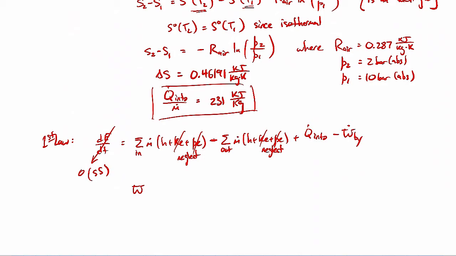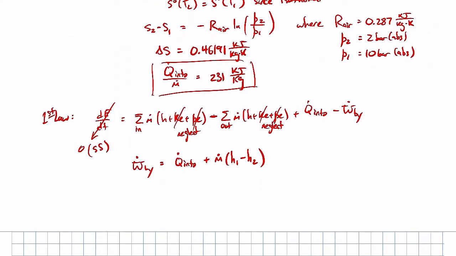So let me go ahead and solve for the work that we get out of the control volume. That'll be q dot into plus m dot times h1 minus h2. Well, we just solved for q dot into, so we know that value. For h1 minus h2, we can go back to our ideal gas model, where h is only a function of temperature.